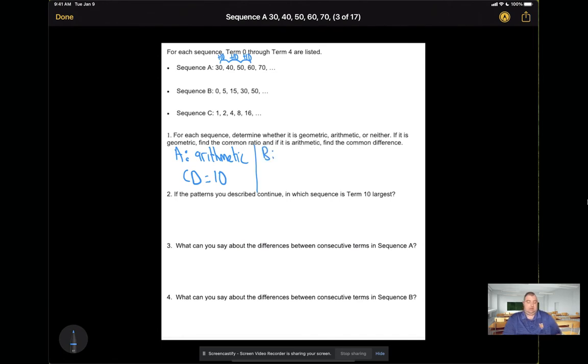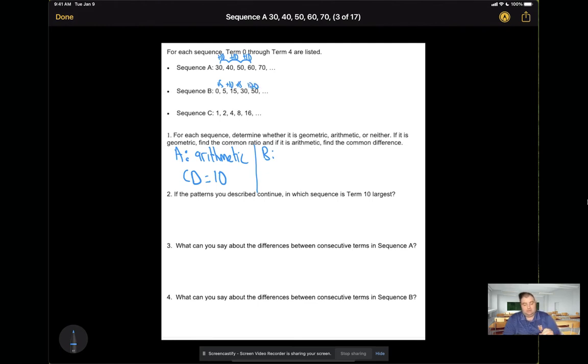Sequence B, it doesn't look like it's geometric. We're not multiplying by the same number. And it doesn't look like it's arithmetic because look at our differences here. We add 5, then we add 10. 5 plus 10 is 15. Then we add 15. 15 plus 15 is 30.